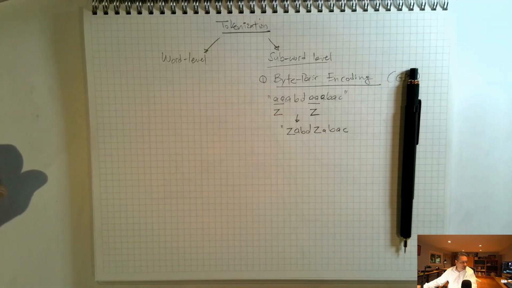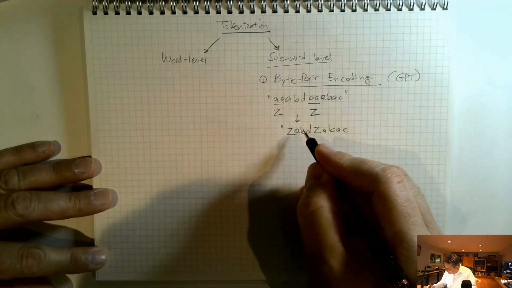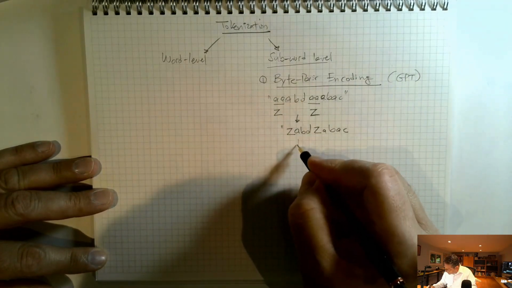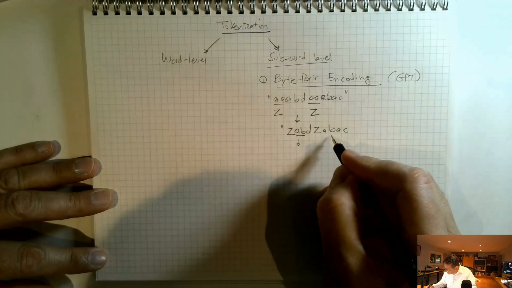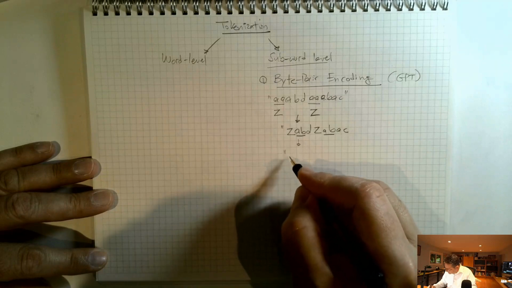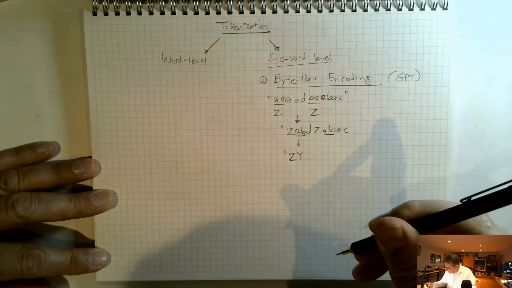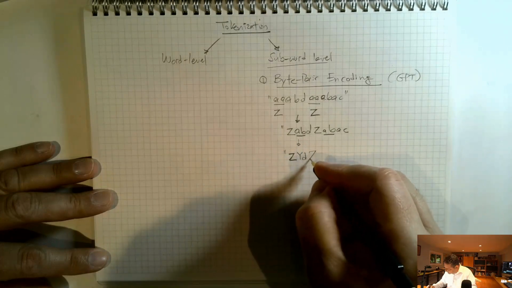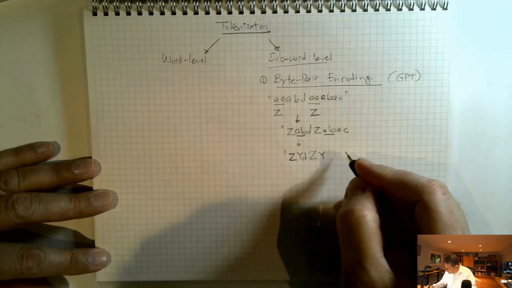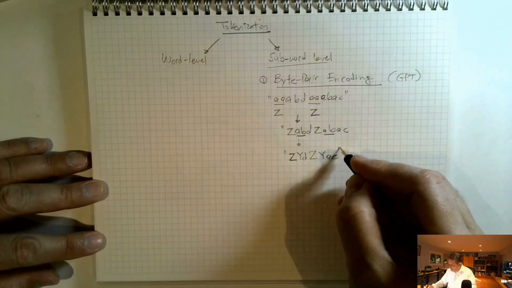What we can do now is look for any other repetition. Yet another repetition is AB and AB over there. So we proceed to the second step. This is Z, maybe Y. Then we have D, Z, Y, A, C.